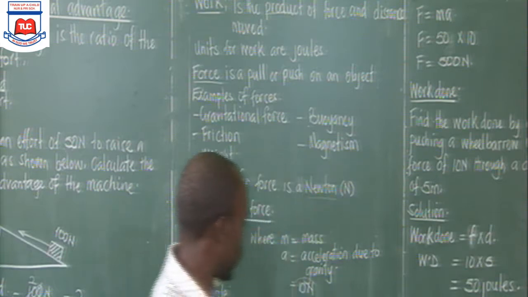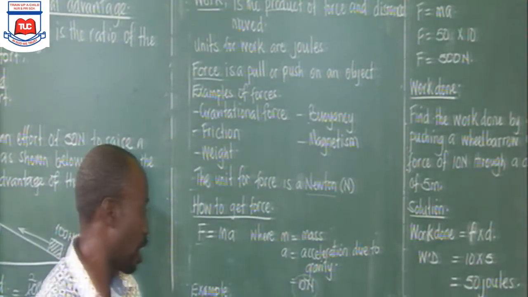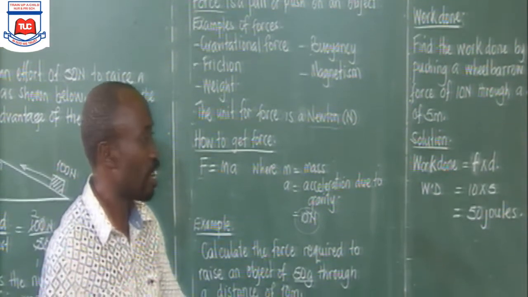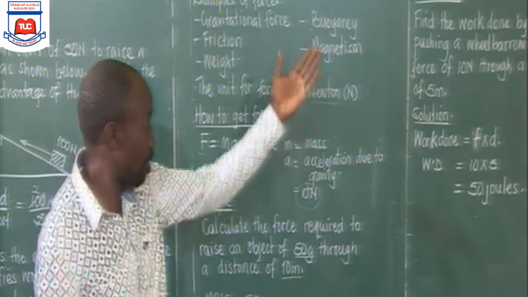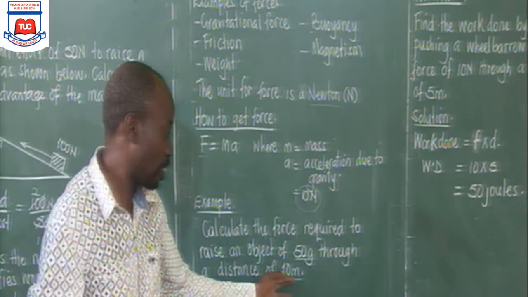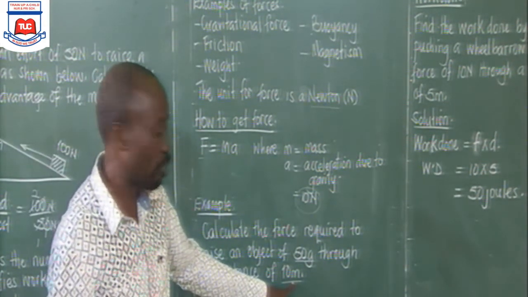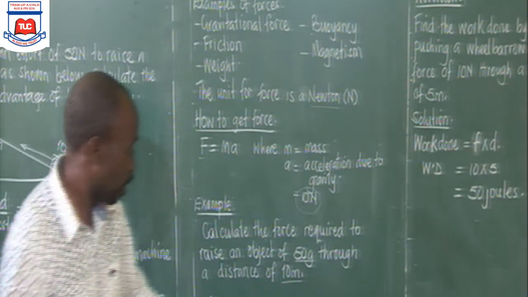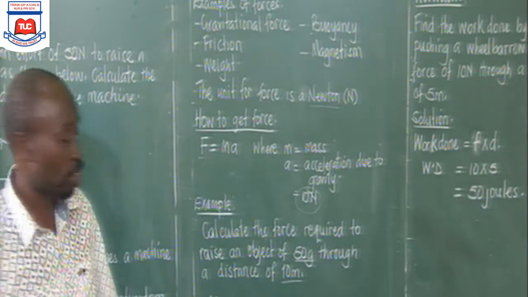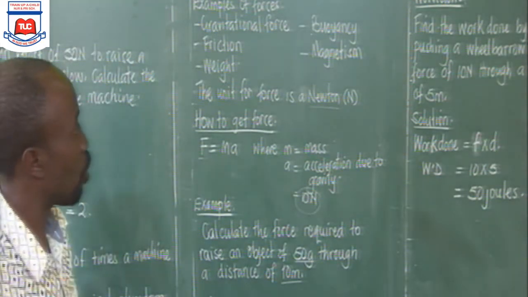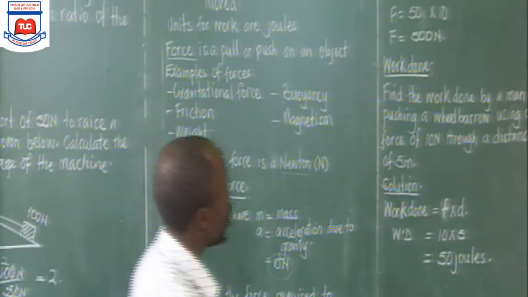Don't confuse that 10 with the 10 given here through a distance. This might confuse you. Sometimes if it is 9, you can't put 9 there, okay? So it is 10 now, but it is meters, it is not a force. That's why you are supposed to write whatever has been given in the question and see whether you can use any of them to substitute. Very good.